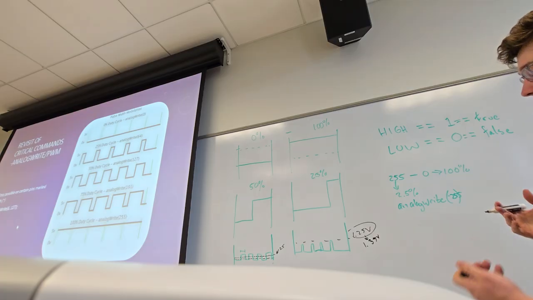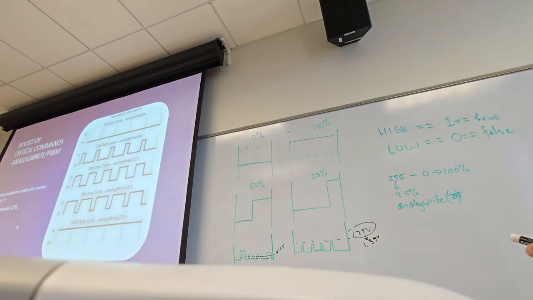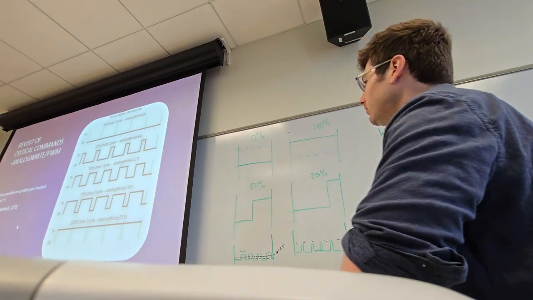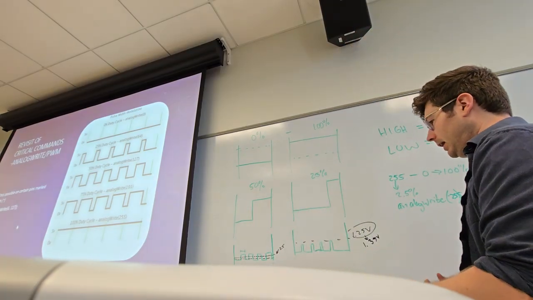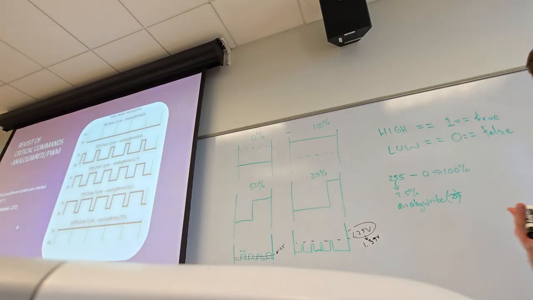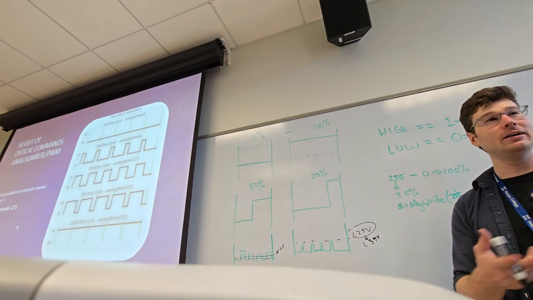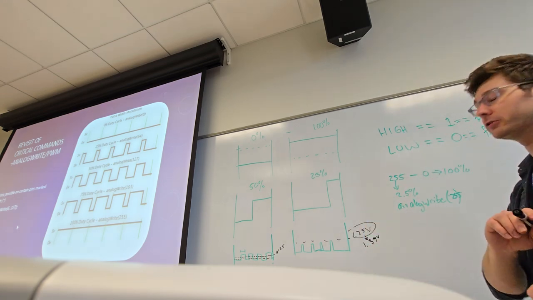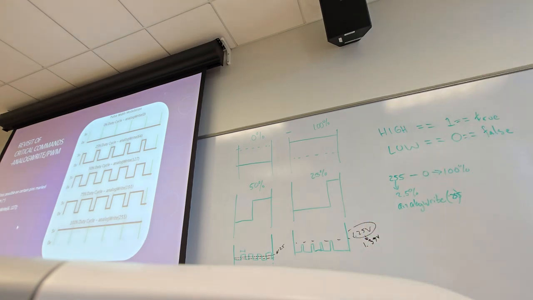This is literally digital to analog conversion, or one way of making it. PWM is like the poor man's digital to analog conversion. There are better methods with higher sound fidelity, but it is a way of making an analog output voltage with a digital input. And that's the gist.